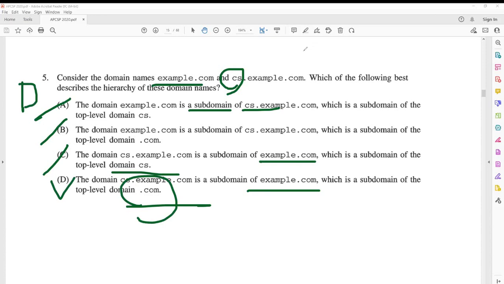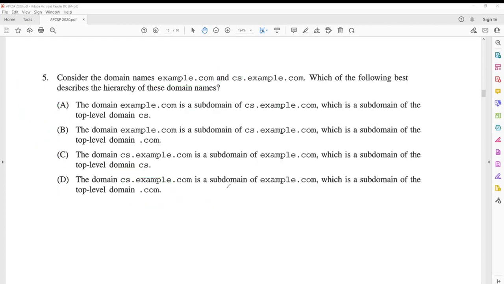This one we talked about in the domain name server. You get the domain name. You try to use your browser's cache to find out the IP address. If you cannot find it in the browser, you go to your ISP, AT&T or Verizon, to find out the IP address.